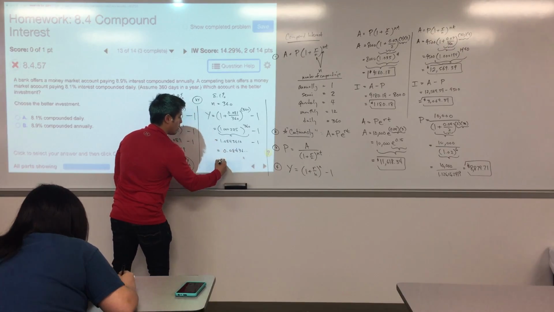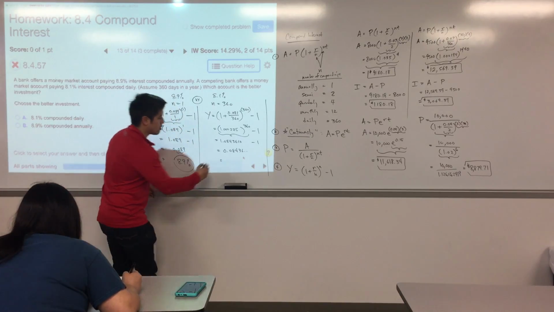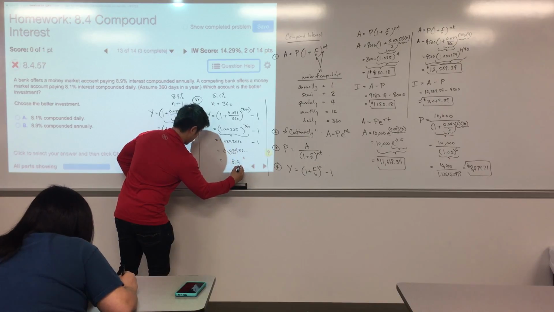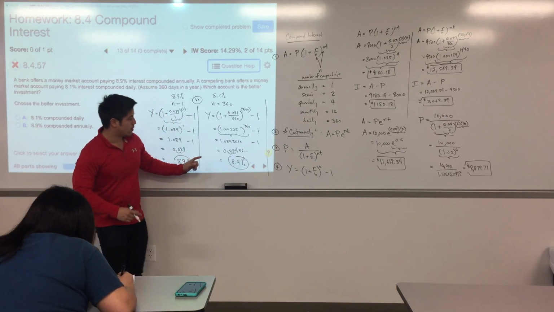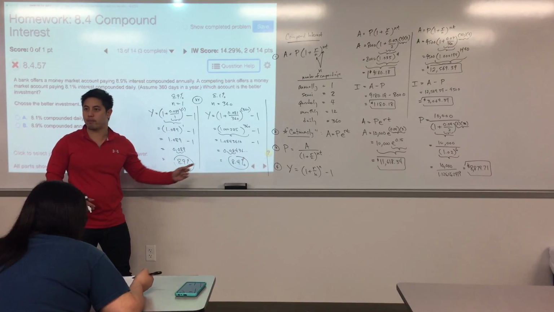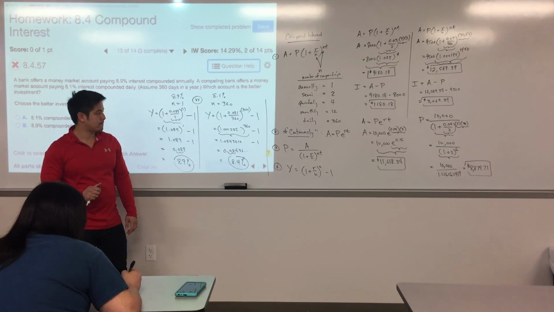0.08436 and so on. But all I need is what? 8.4%. You guys see what I just did there? Take a moment, look really carefully. I didn't need to go that far because I'm comparing the interest rates. What's up, Gideon? If it was like 0.0845, would you round up that 4?